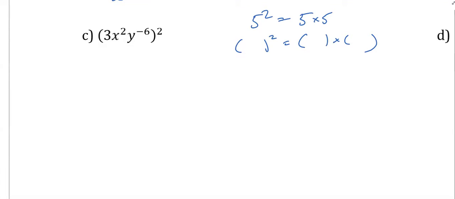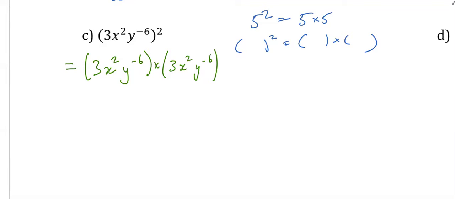Because this is like 3 squared, which is 9, x squared all squared, y to the negative 6 all squared. So 3 squared, or 3 times 3 is 9. And then x squared all squared, I multiply the exponents. So that's x to the 4.